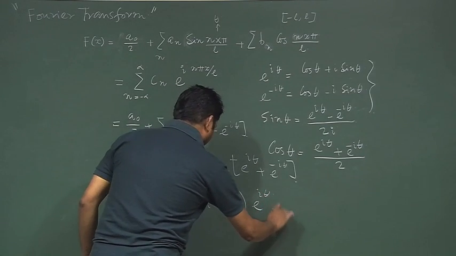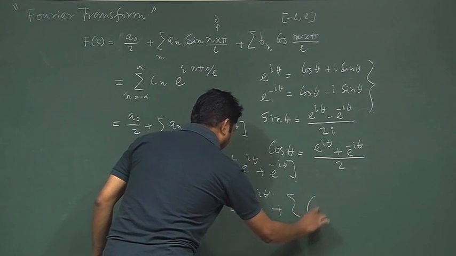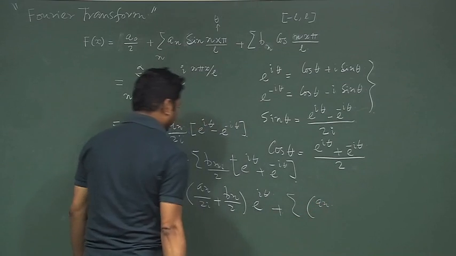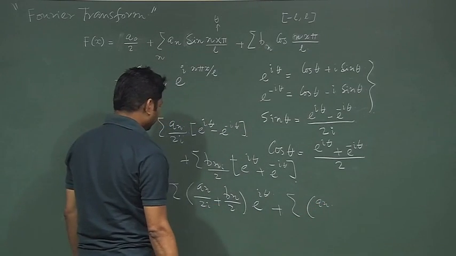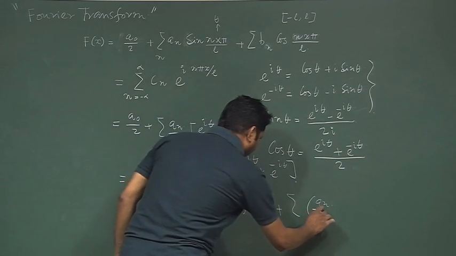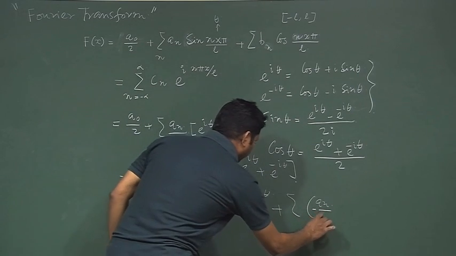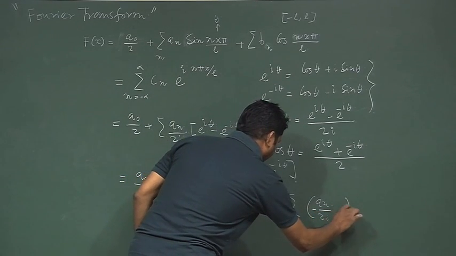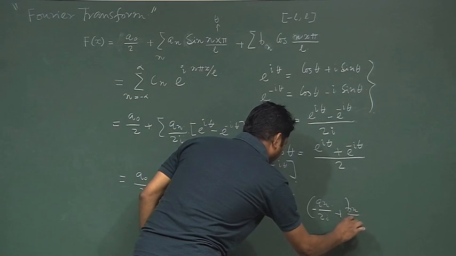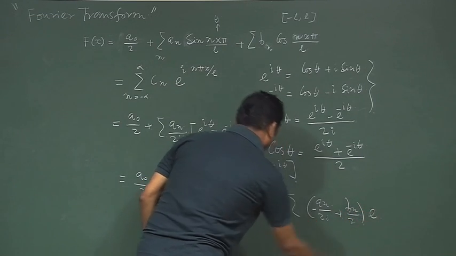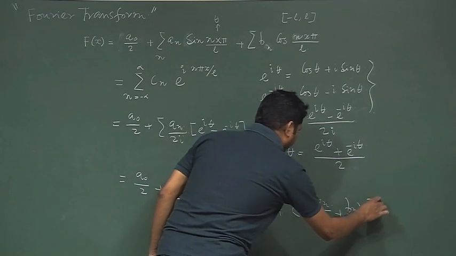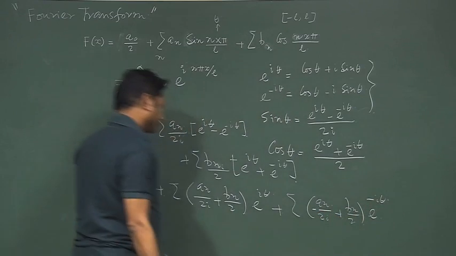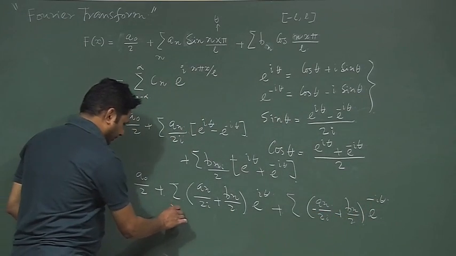Another term is minus a_n by 2i plus b_n by 2 times e to the power of minus i theta, with n.